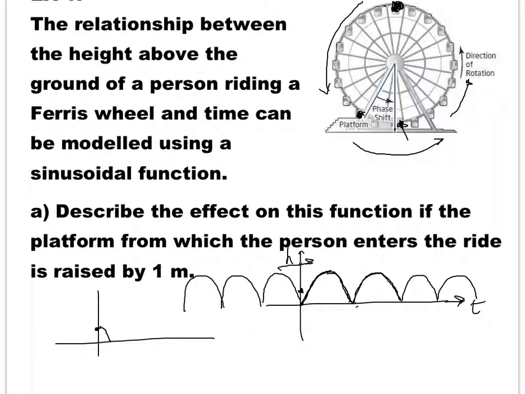Then for a little bit of time, the height decreases until it reaches 0. Then it's going to maximum, then minimum, maximum, and minimum. So this means that if the platform is raised, then we have shifted the graph to the right by some time. This is why we say we have introduced a phase shift here. The graph has moved to the right.